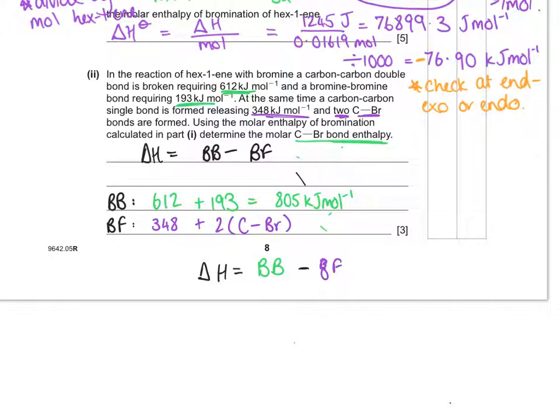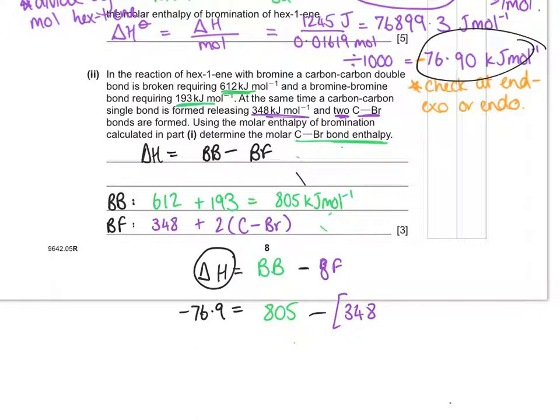And so I just sub in my values now. My delta H, I know from my previous question, is minus 76.9. That is equal to the bonds broken, which I worked out was 805, minus your bonds formed, which is equal to 348 plus 2 times my C-Br bond.